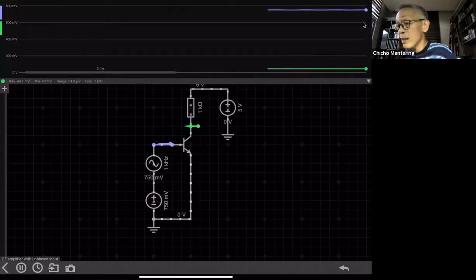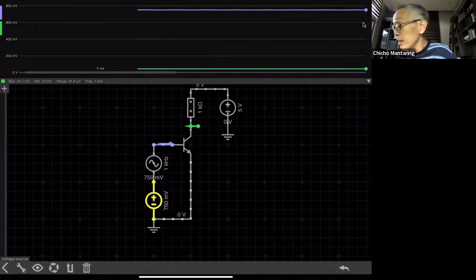What happened? Because this is now too large, my transistor is always in saturation. If you take a look at my output, it is now about 0.2. Okay, and that's just by adjusting this.